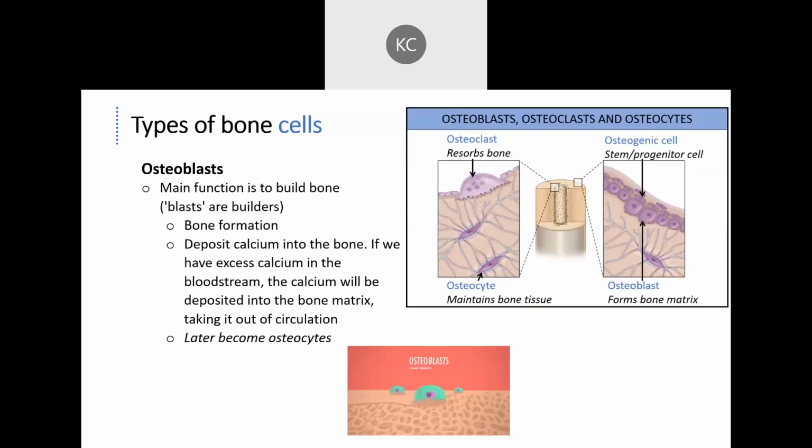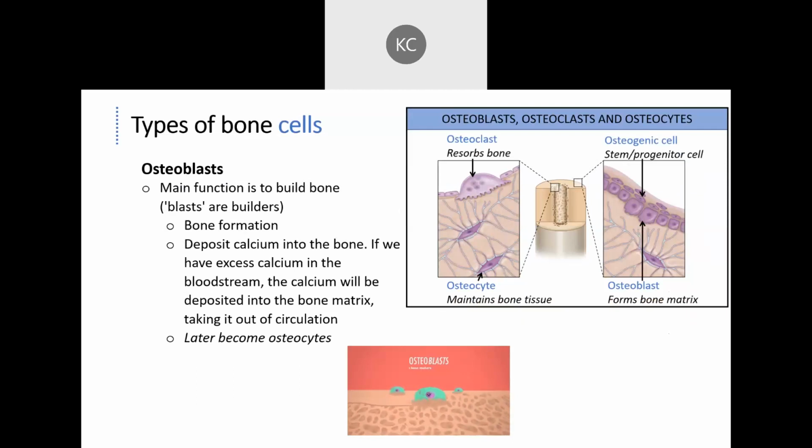So if we look at the osteoblast, think of the ending blast. Blast, think build. The blast cells are those that are responsible for actually building the bone, and they lay down material that contributes to bone growth.